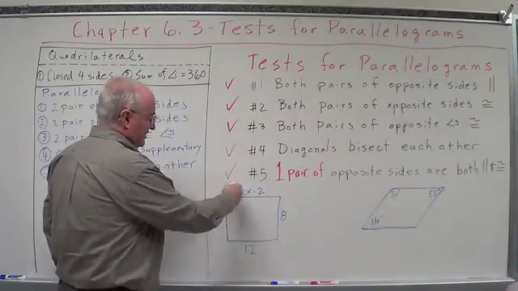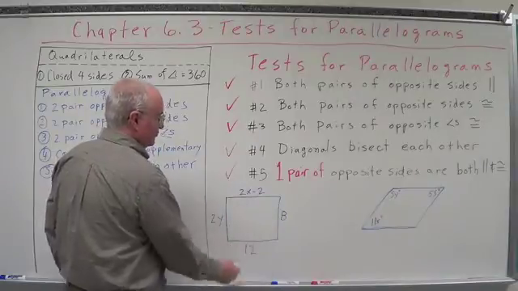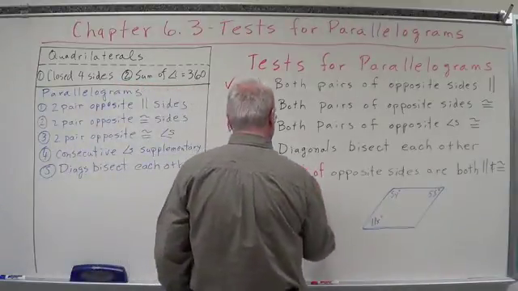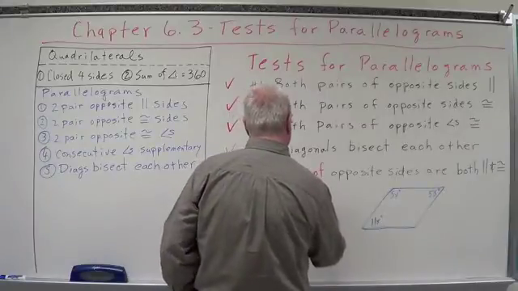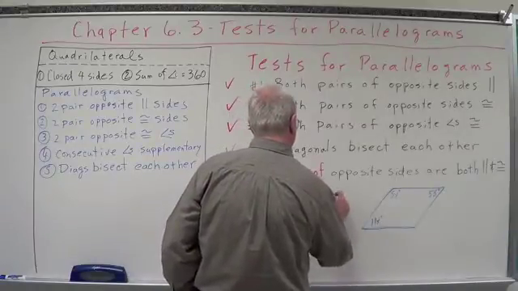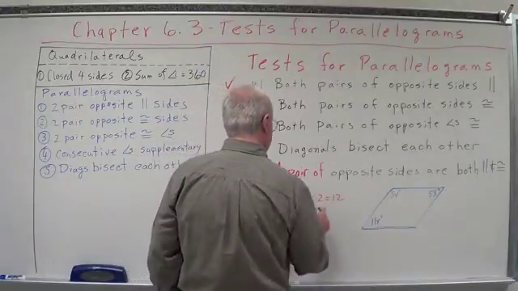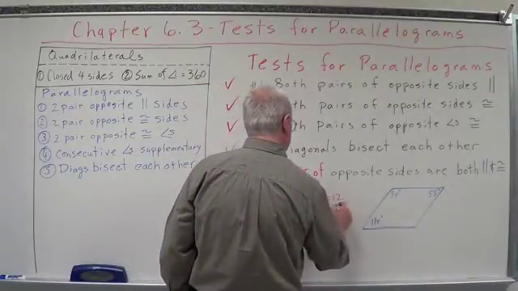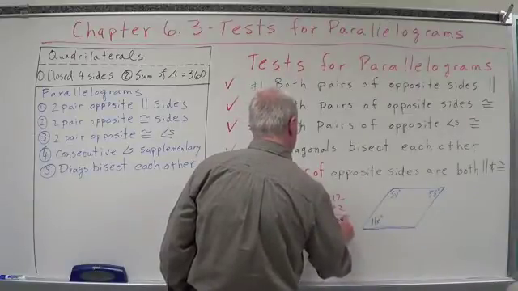In order for this to be congruent to this, this right here has to equal 12. So let's do this. 2x minus 2 equals 12. Add 2 to both sides. 2x equals 14.